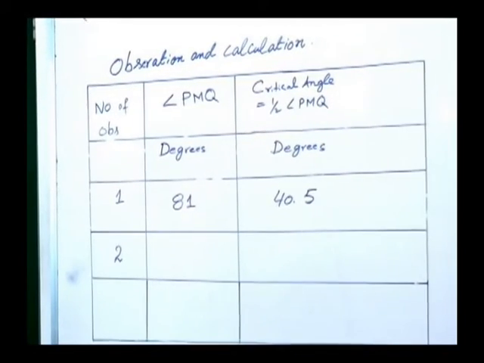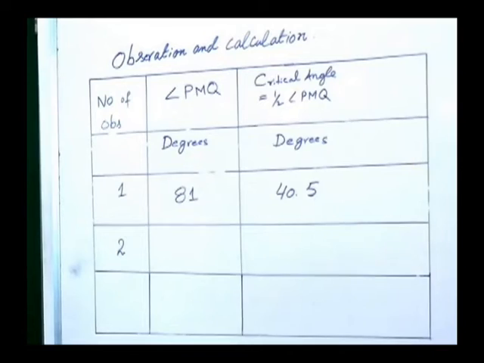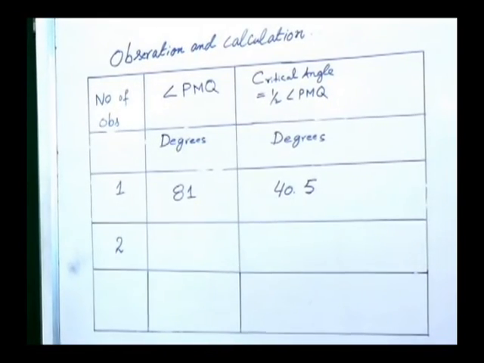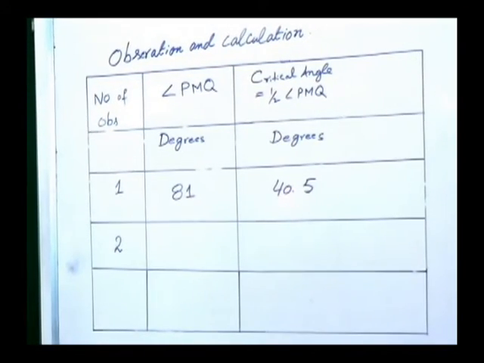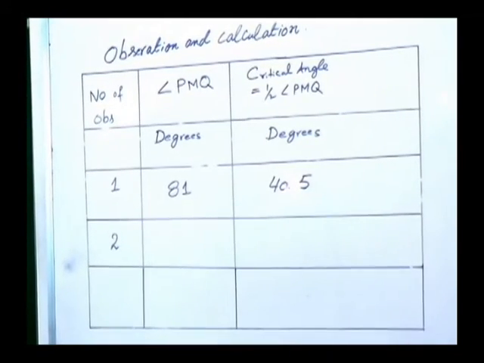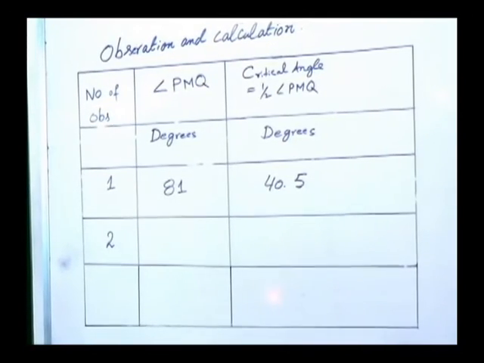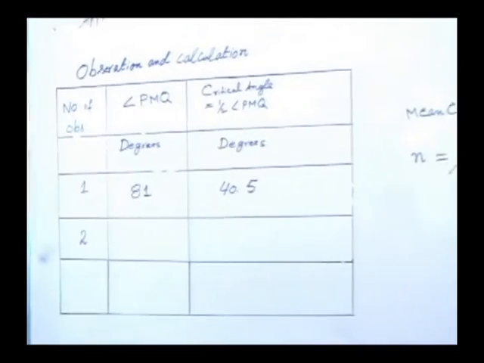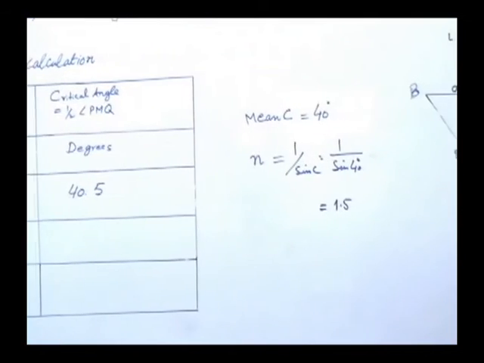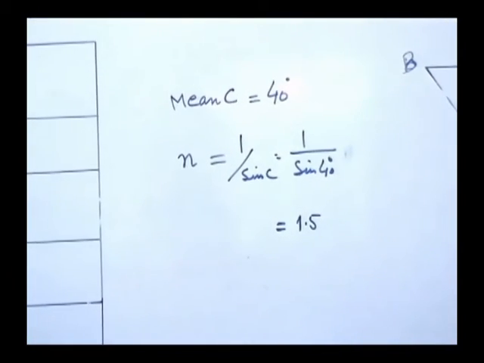Since we want to find the critical angle, it is half of PQM, which comes out to be 40.5 degrees. Now take two more similar readings, and taking their mean, the angle comes out to be 40 degrees.